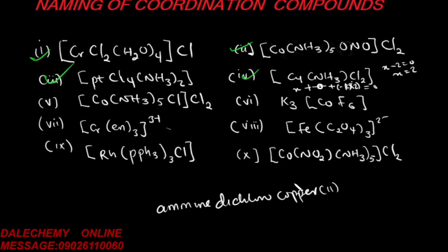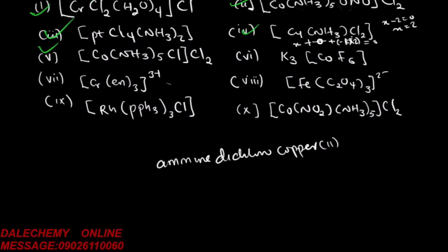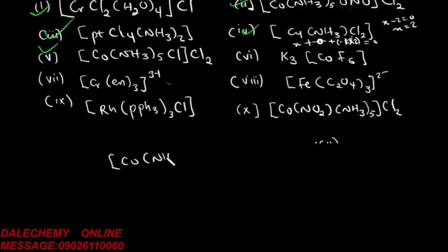So now let's move to another one. The next one is this 5. To name that one too is not really hard. Because it's an ionic compound, as it is, you would see that we have Cl minus outside the coordination sphere. So it will now become Co(NH3)5Cl and we have 2Cl minus.